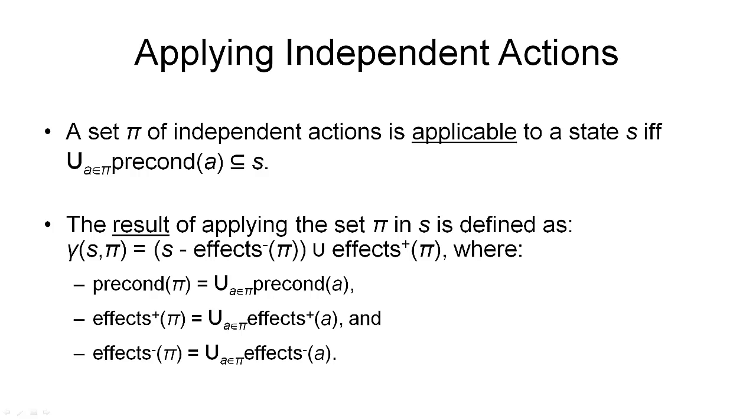Now that we've seen what it means for a set of actions to be independent, we can talk about the application of a set of independent actions in a given state. And this is quite straightforward.